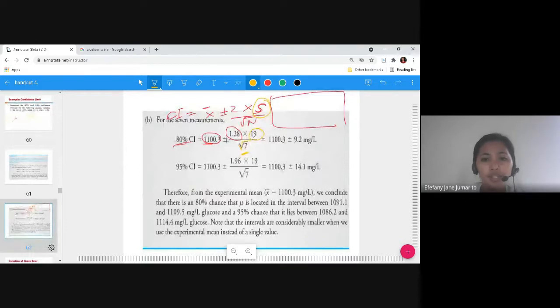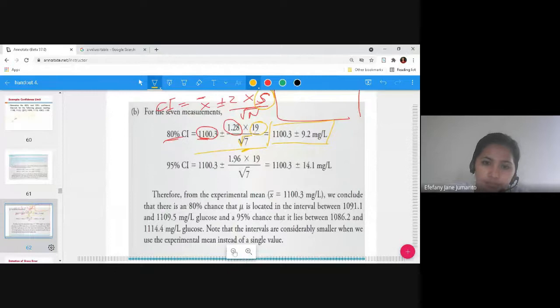Now use your calculator. Okay, can you please calculate this one? Let's see if you will get this one. Okay.